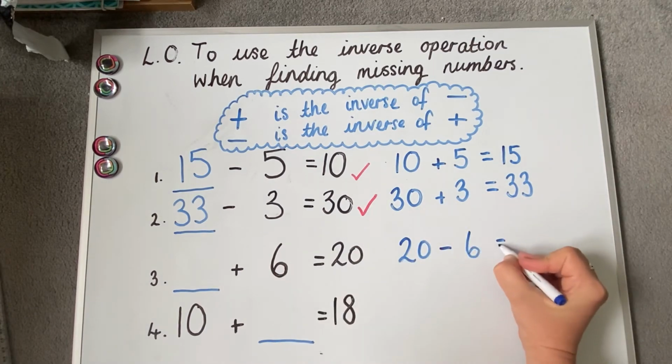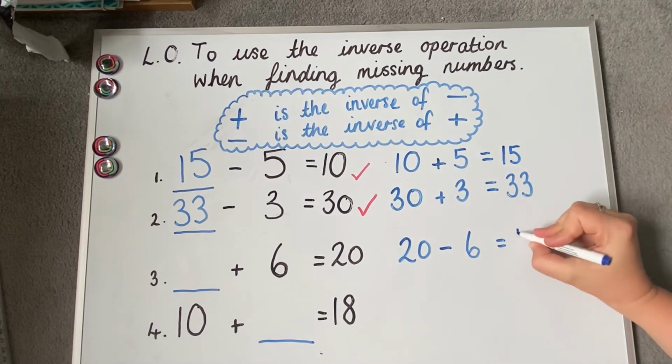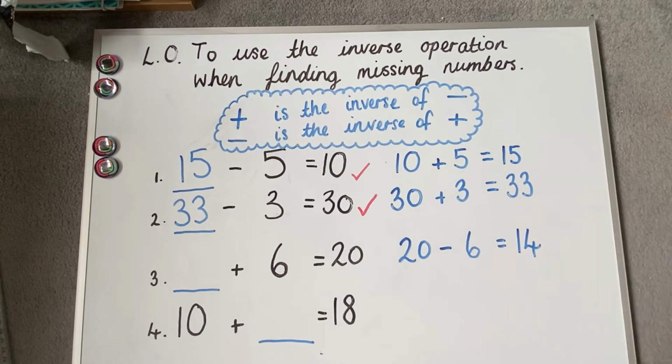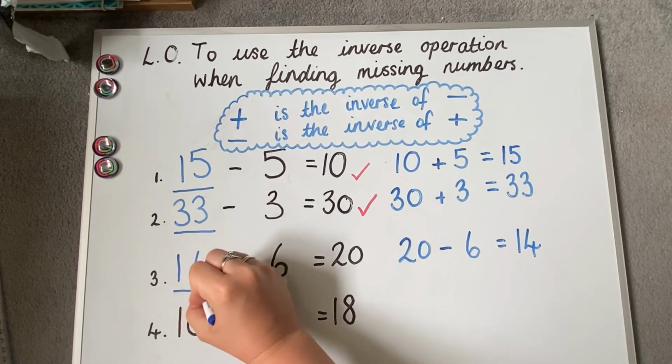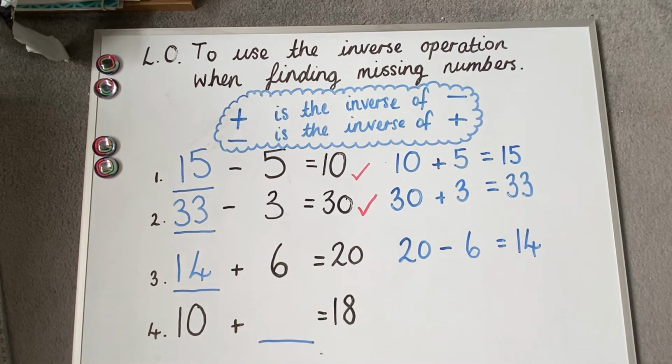What does that give you? Who can do that using their number bonds to 10, or you could do that by quickly counting backwards in your head. It gives us 14. So let's check then. If we put 14 here, 14 add 6 equals 20. Is that correct?